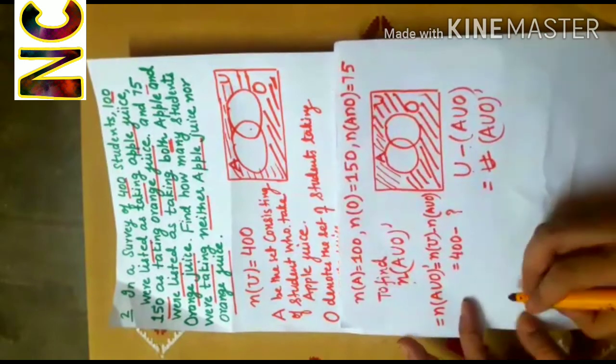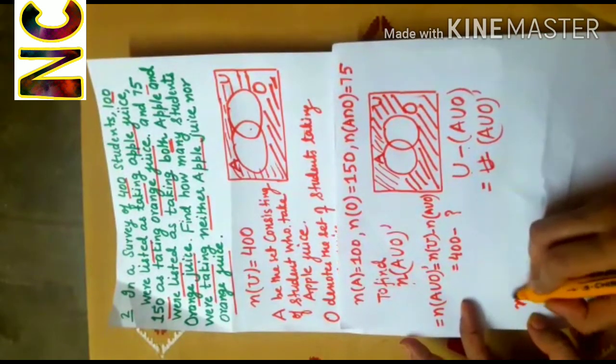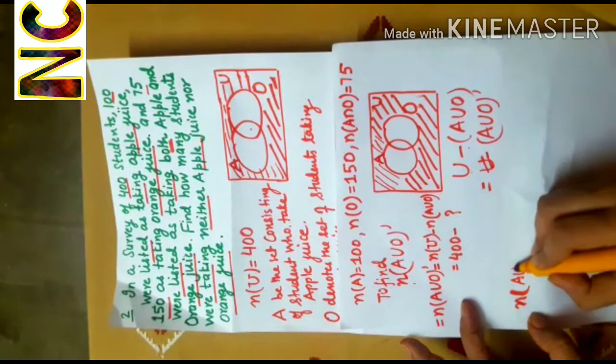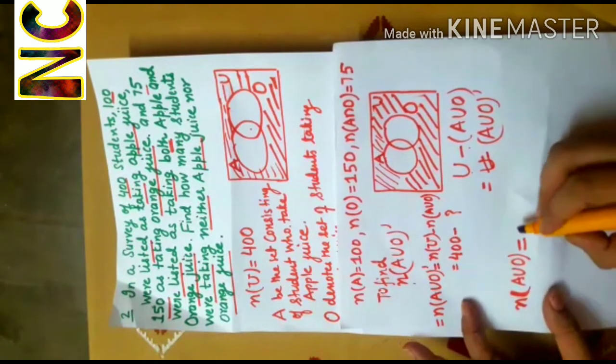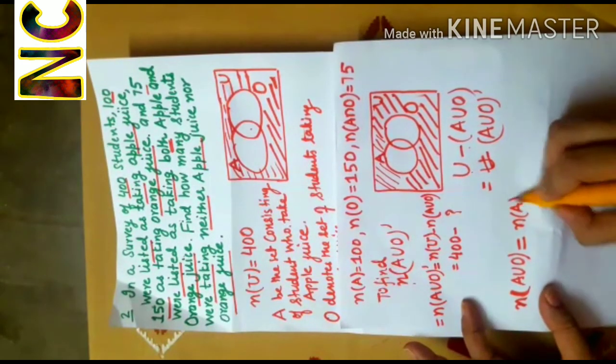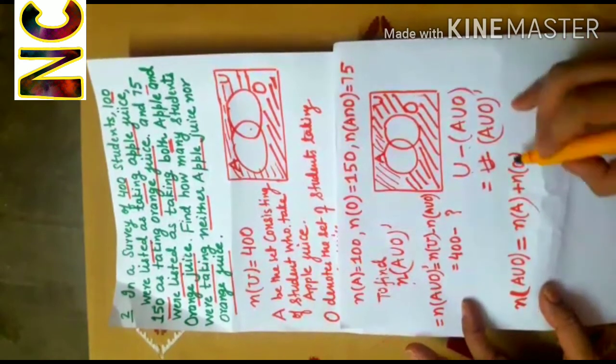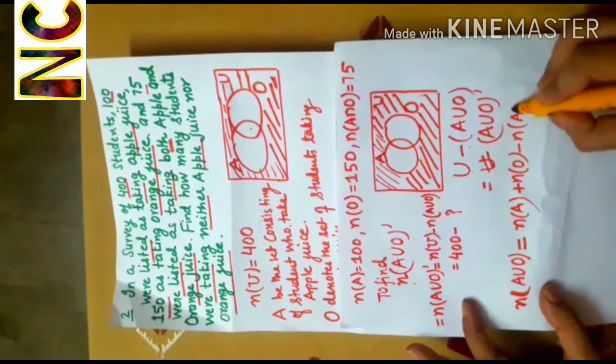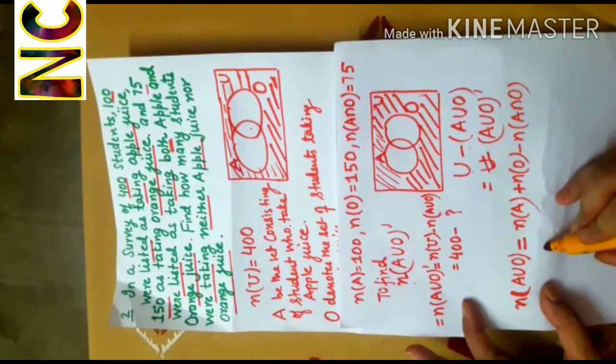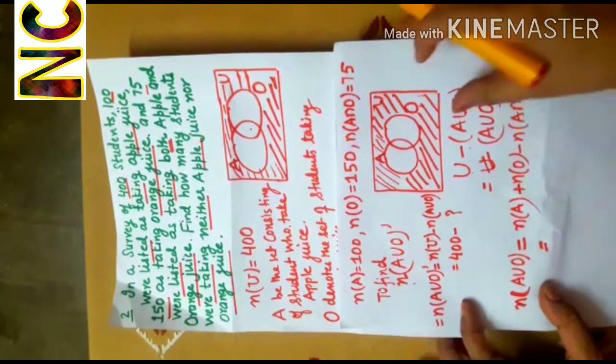Yes, we know that the number of elements in A union O is equal to the number of elements in A plus the number of elements in O minus the number of elements in A intersection O.